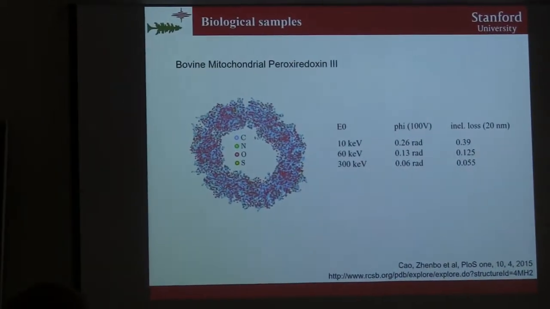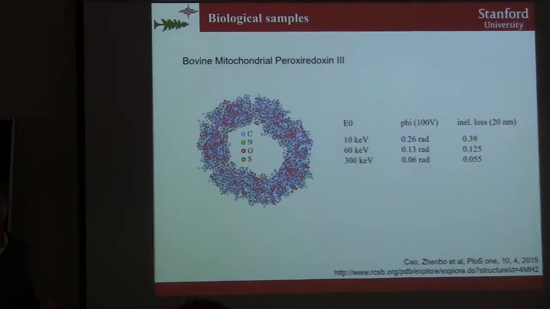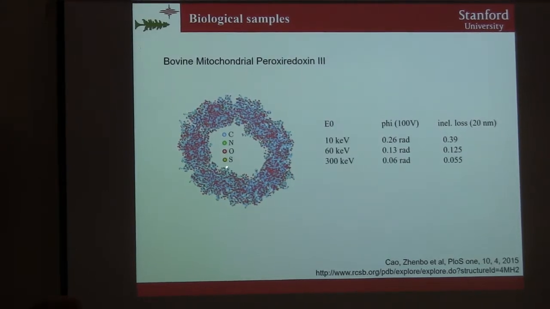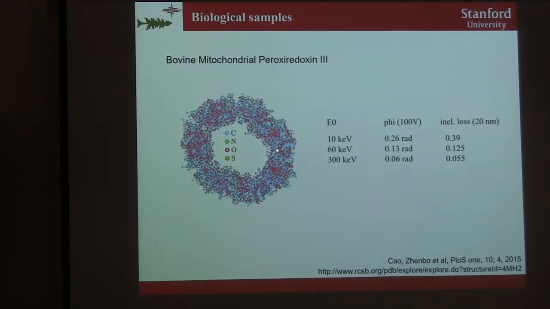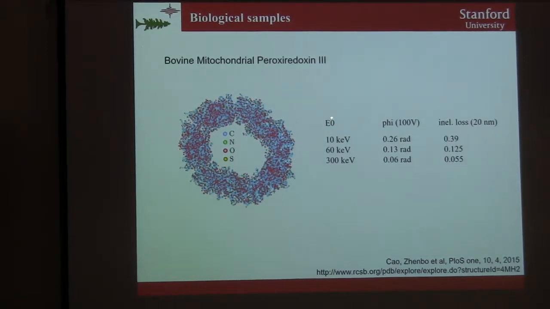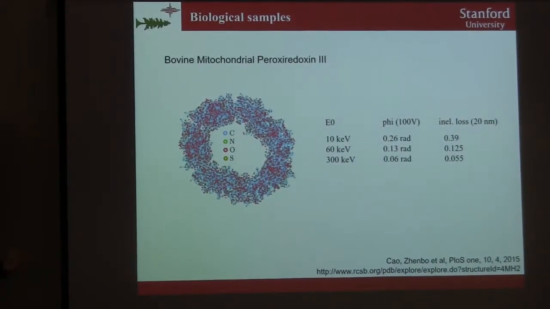Okay, just to orient you to some of the parameters for imaging biomolecules. Here is one particular protein. It's about 10 nanometers across and looks like a wreath. You can characterize what that object presents to an incident electron by the phase shift that an electron wave experiences going through.